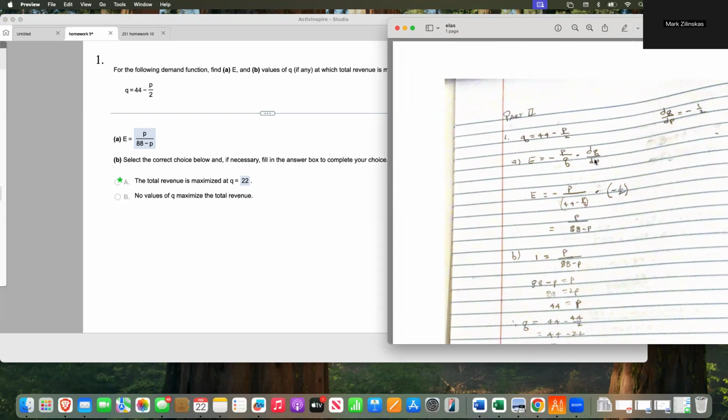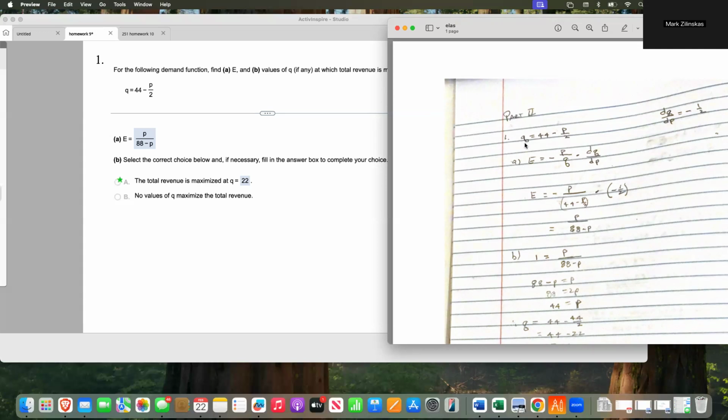It's the instantaneous rate of change of the demand relative to the change in the price. And so if I take the derivative dQ/dP here, and that is a Q, not a G.